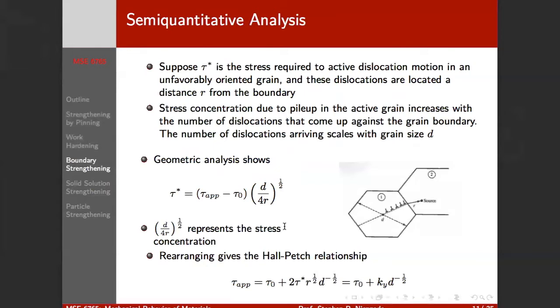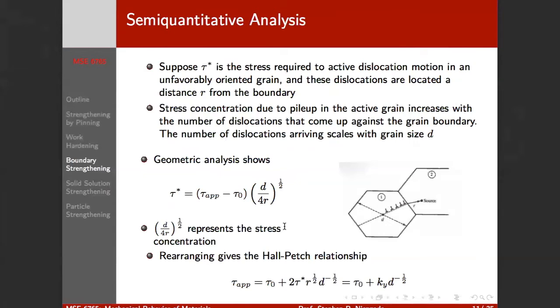It's not even homogeneous within a grain, right? You can imagine if this is a plastically hard grain and this is a plastically soft grain, or this is a grain that's well aligned for slip and this one isn't, right? We still have to have stress equilibrium and compatibility, right? So we're going to have a different stress at this side of the grain from this side, right?